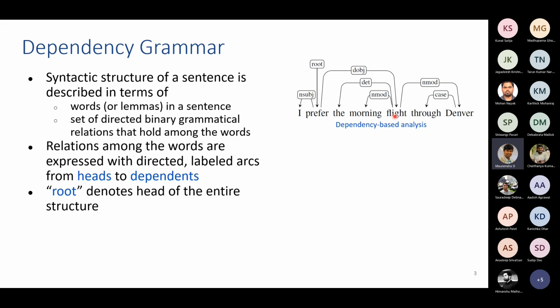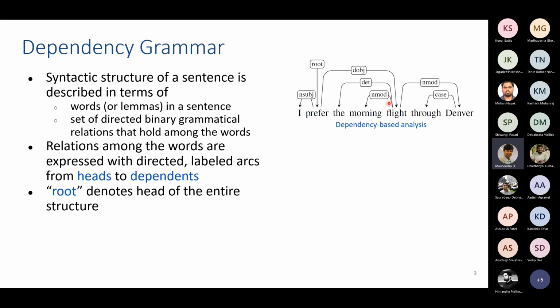So morning is very closely associated with flight. So here we have an edge from flight to morning. This one will be a head word for this relation, and this one will be a dependent.